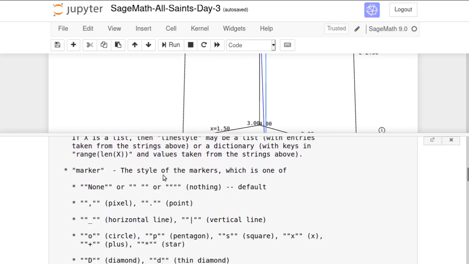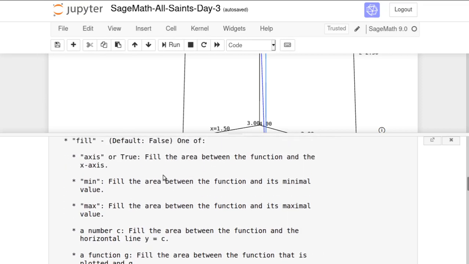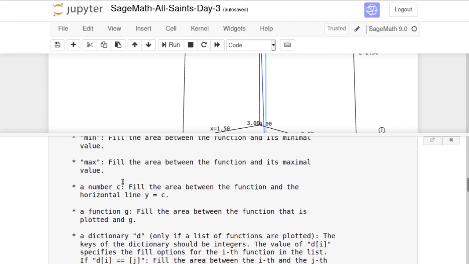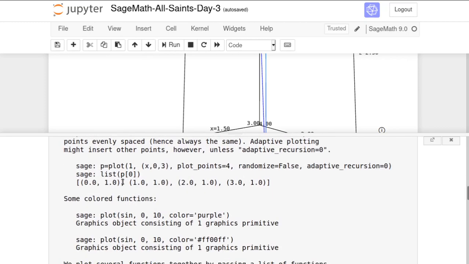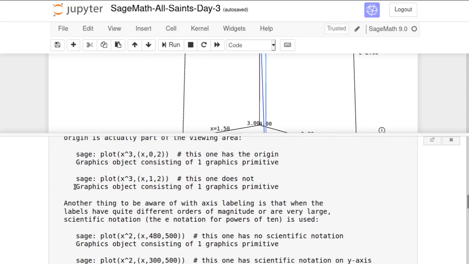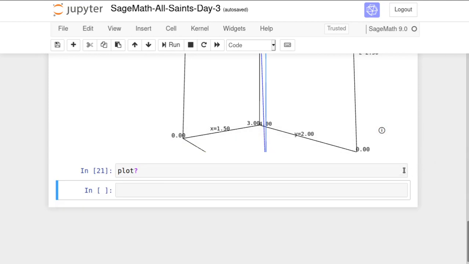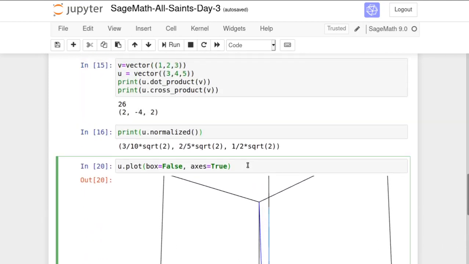We need to turn off the frame if we want. Okay, axis on or off, that is okay. Fill alpha, style sheet. Okay, I'm not seeing that option anywhere. There is probably an option for turning off that axis. Anyway, we are just leaving it like that.